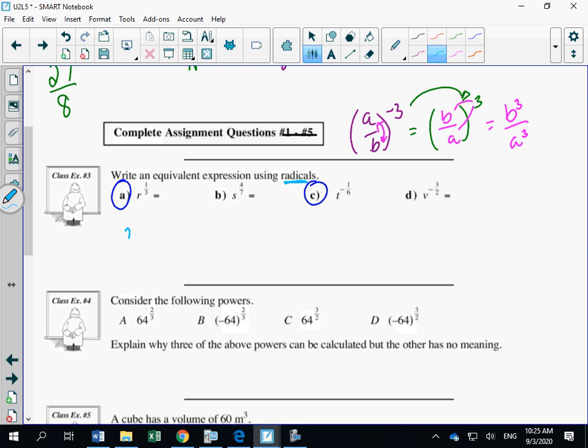So this would be the third root of R. This guy, I need to make positive. So that would be 1 over t to the 1 over 6. From there, that would be 1 over the 6th root of t. I don't need to say 6th root of t to the power of 1. Pause.